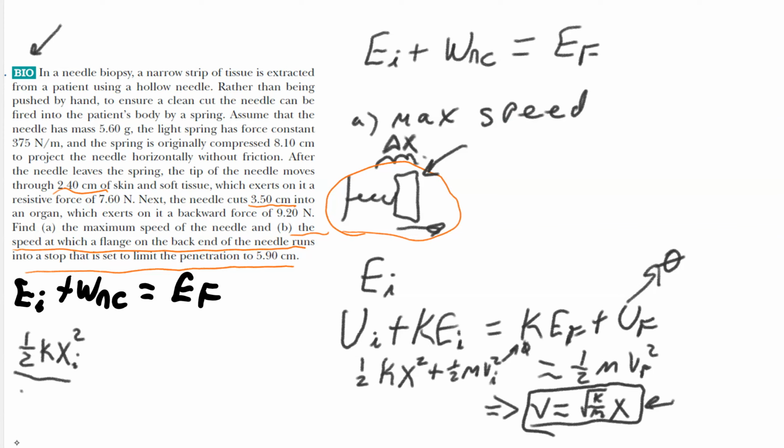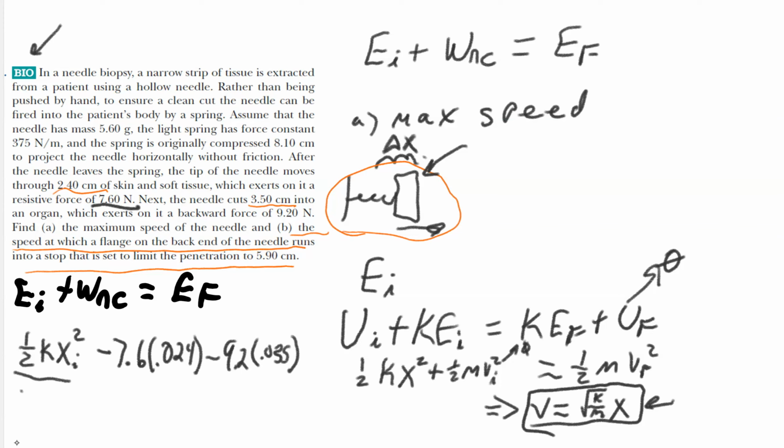Now we're going to include all the work that's done by non-conservative forces. So there are two non-conservative forces that operate over different distances. So there's this force, minus 7.6, that operates over 2.4 centimeters, so 0.024. And then there's another force, minus 9.2, that operates over 0.035.